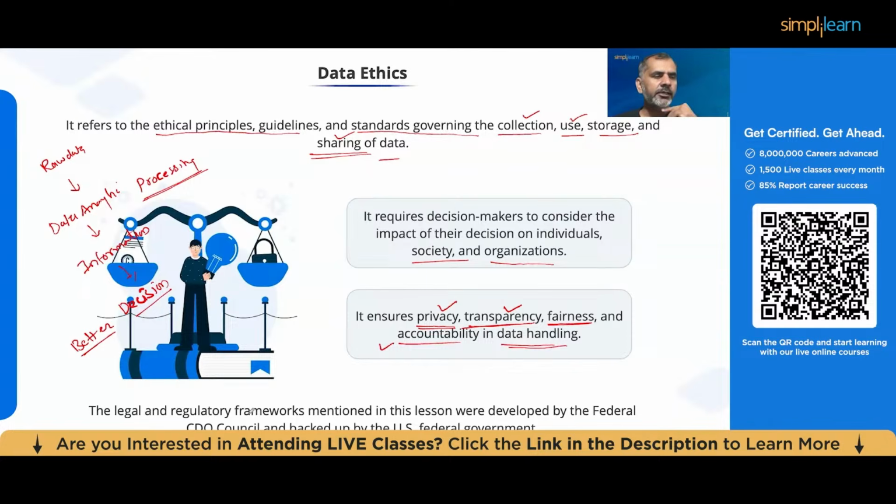When we talk about legal and regulatory frameworks, since digital data has become very popular as a way of sharing and storing data, some regulatory frameworks are being developed by different countries. Even some organizations are involved, like a federal CDO counseling and the US federal government. So organizations need to obtain certification and follow the rules and regulations provided by them in their data practices and data processes, guys.